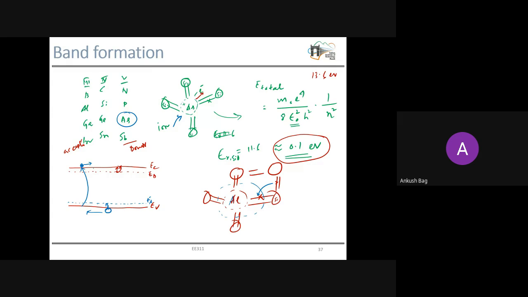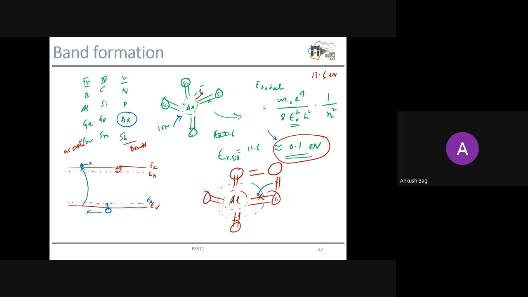From this diagram, at 0 Kelvin, even after doping, this electron is still attached to the arsenic atom. As we also derived in the last class, to take out this 5th electron from the arsenic atom, we need to provide this much energy.